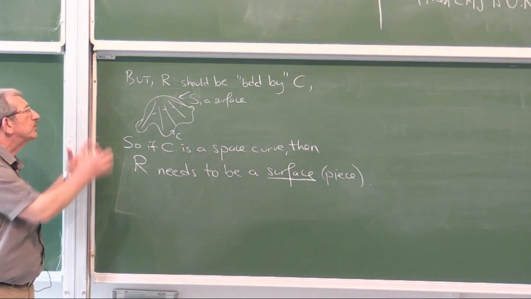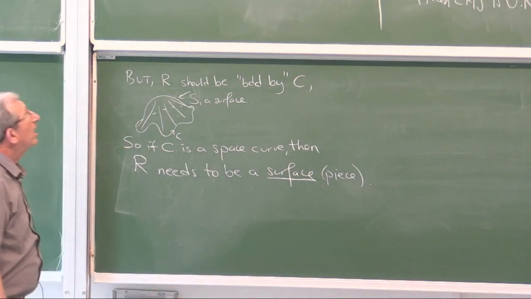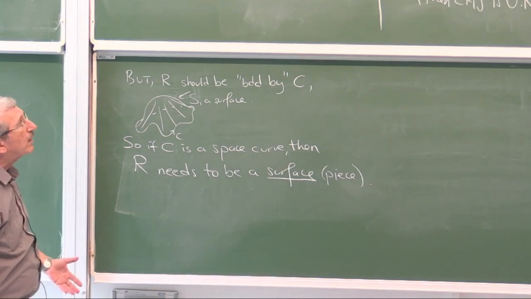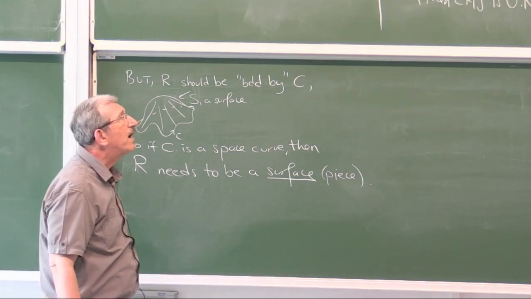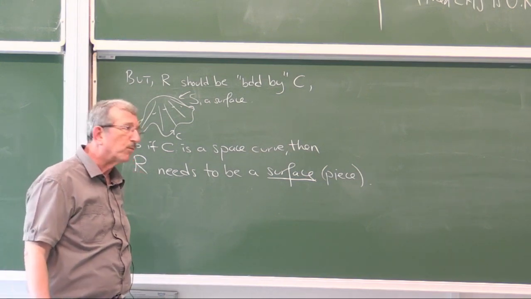It bounds somehow this surface. Now, we know double integrals, but we do not know what happens if R is a surface in space. This is a little bit problematic.